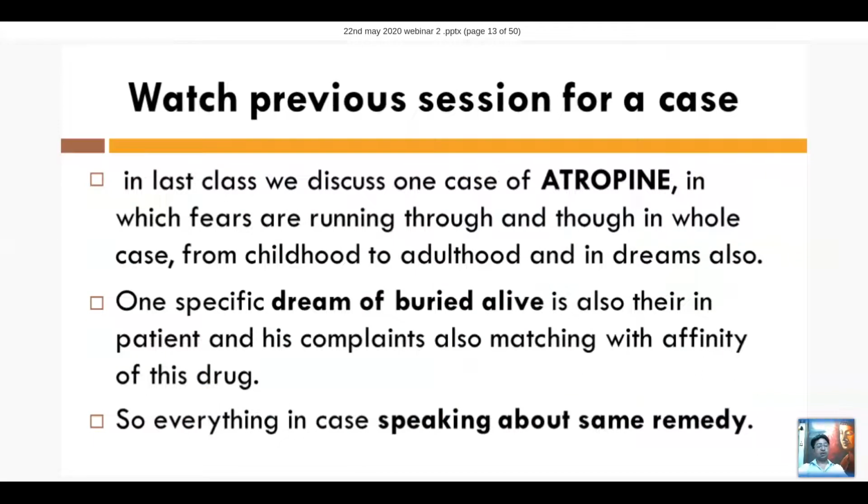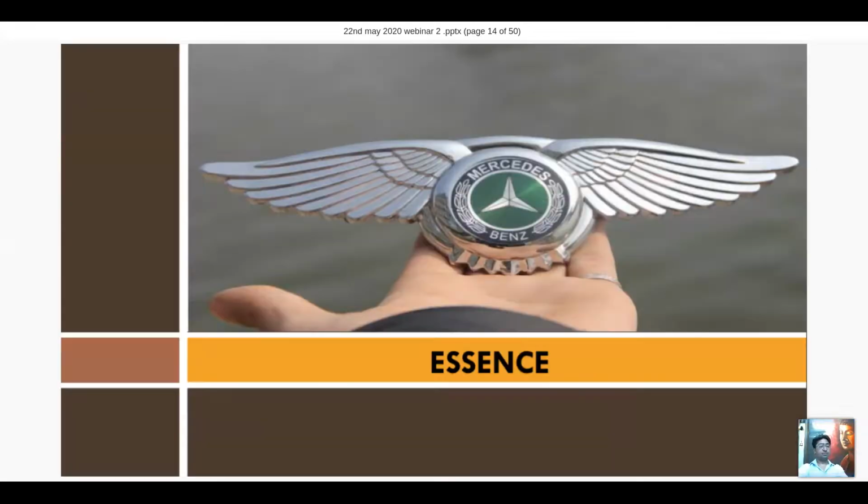But what about the others? The other type of information which is very important is the essence, right? Now, what is essence? When I was in my student phase, I thought essence meant a mental phenomenon, right?